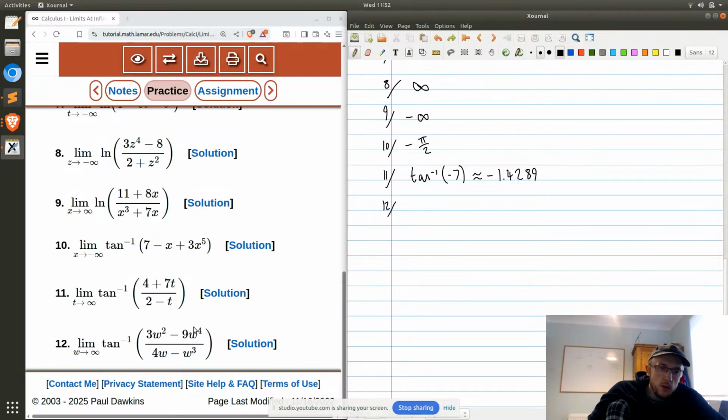All right, so that'll tend to 9w, and it'll tend to infinity. And arctan of infinity is pi over 2.